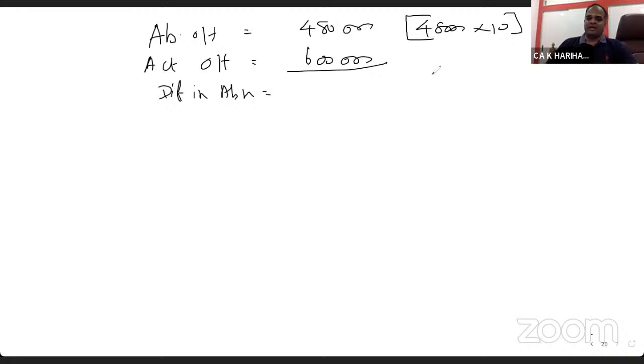But the actual overhead incurred comes to 6 lakhs. The difference comes to how much? 4,80,000 minus 6 lakhs is equal to 1,20,000. That 1,20,000 is called what? Difference in absorption.